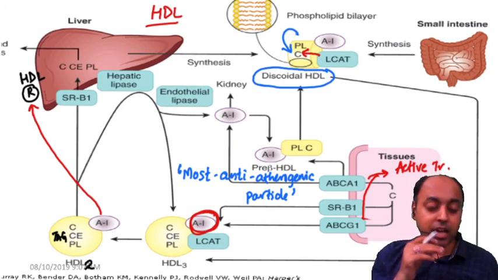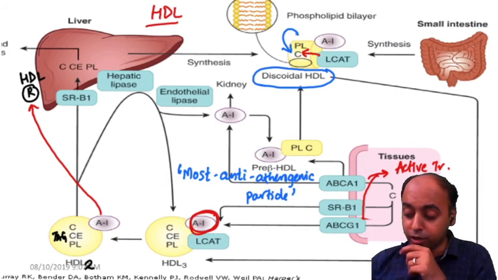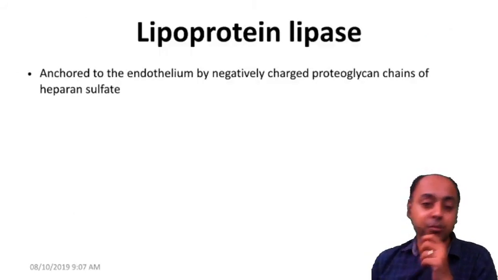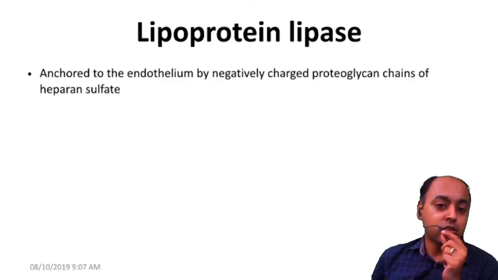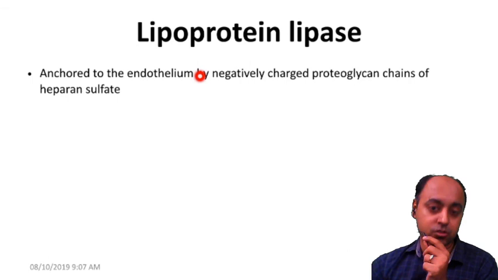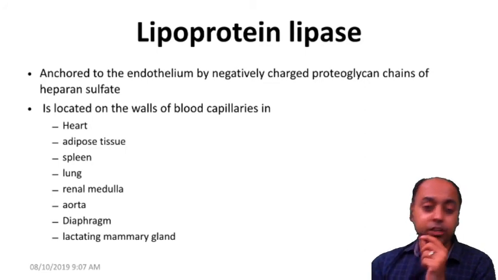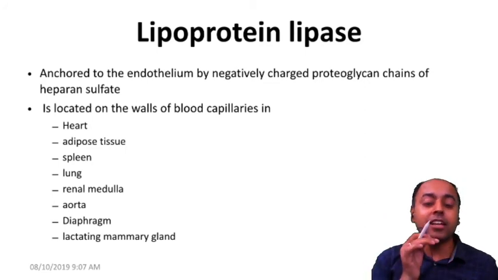Very briefly, I'll highlight the role of lipoprotein lipase. I already told you the lipoprotein lipase is anchored to the endothelium of capillaries, and it is acting on the triglycerol in the lipoprotein. Now the important point is, in which tissues will you find the lipoprotein lipase?